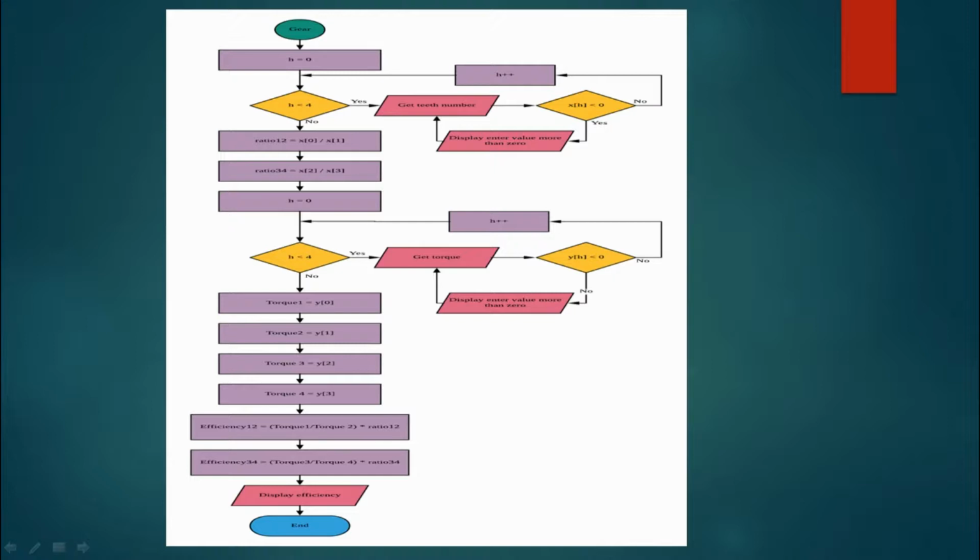So it will loop again until the condition h less than 4 reaches the wrong one.